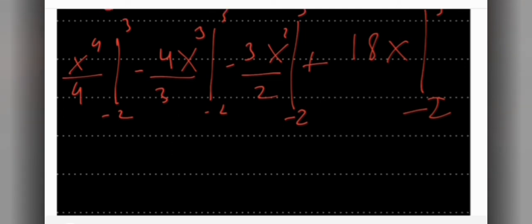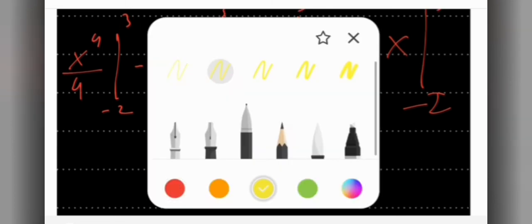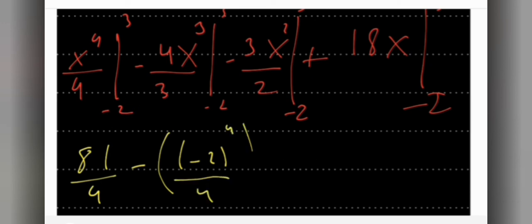So look, x to the 4th. Now the first one from 3, right? So 3 to the 4th is 81 divided by 4, right? Now we have minus what? Minus 2 to the 4th divided by 4, okay?